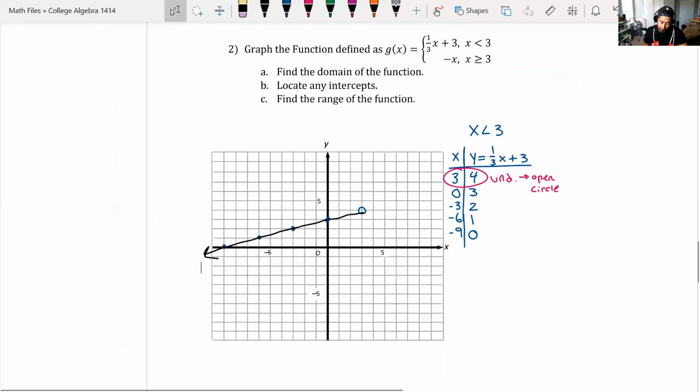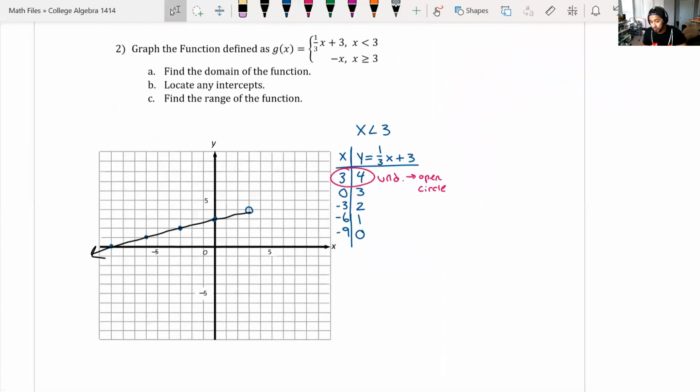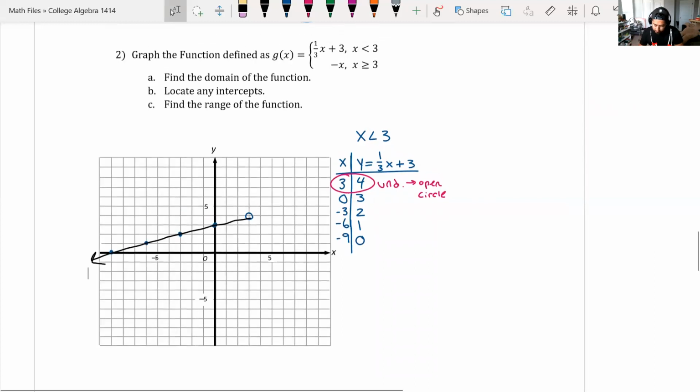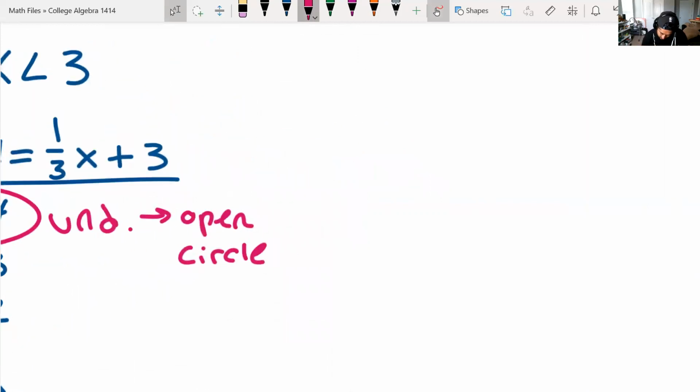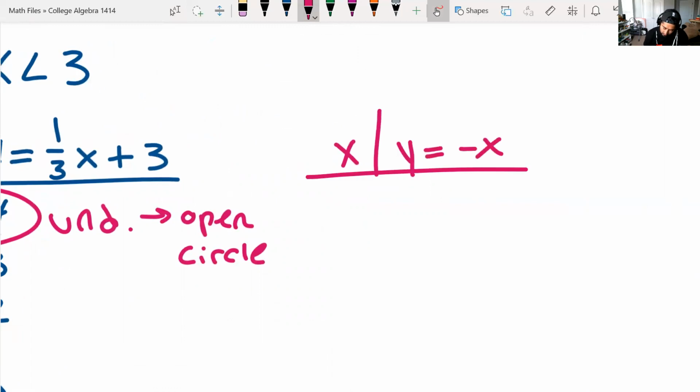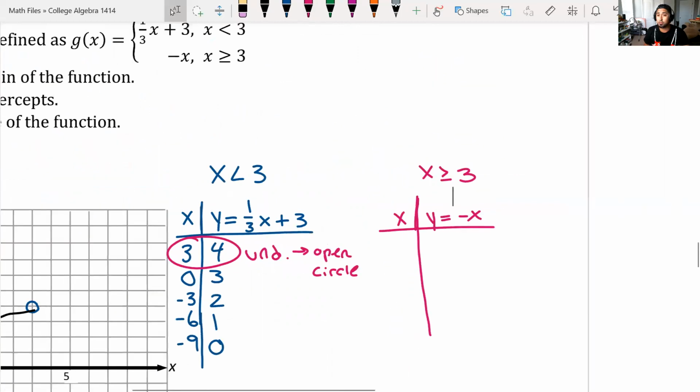Now, we want to graph the second function. So negative x for x greater than or equal to 3. Good, x greater than or equal to 3.